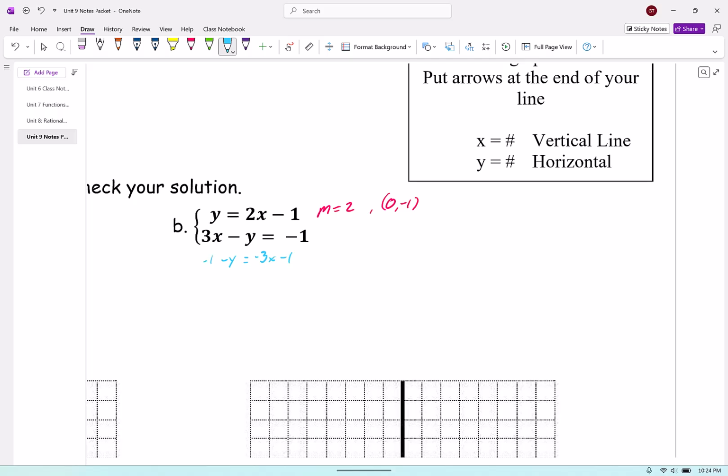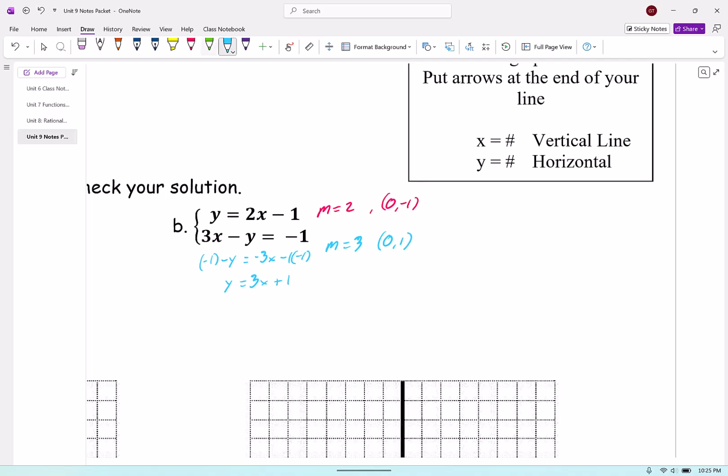Then I multiply each side by -1 and end up with y equals 3x plus 1. So my slope is 3 and my y-intercept is (0, 1).